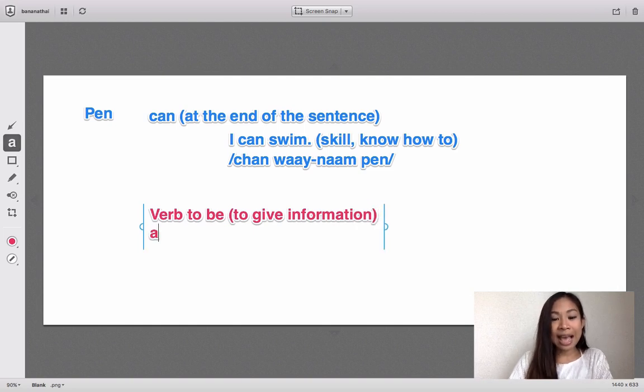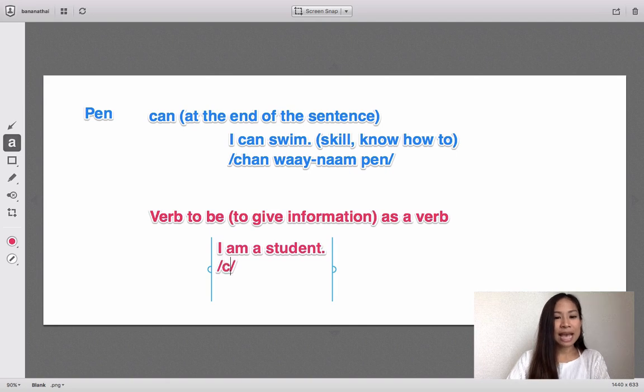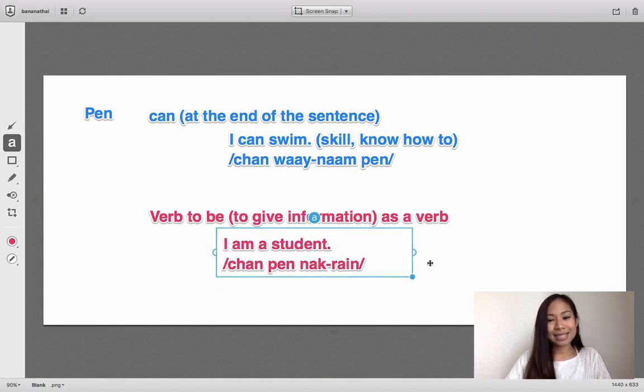You use it as a verb. For example, I am a student, what would you say? I am a student: ฉัน, am, verb to be is เป็น. เป็นนักเรียน, see, ฉันเป็นนักเรียน, I am a student.